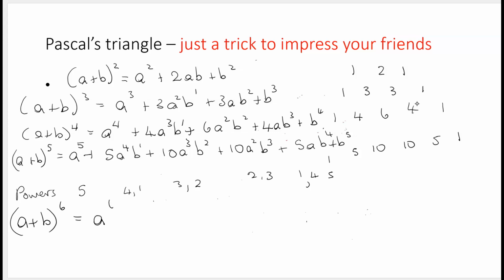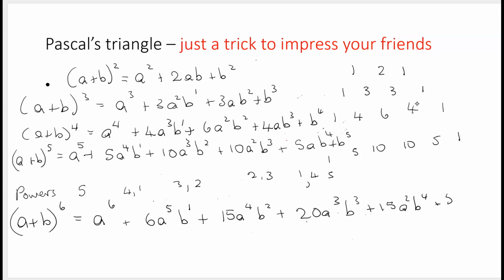It would be a to the power of 6, then 6a to the power of 5, b to the power of 1, plus 15a to the power of 4, b to the power of 2, plus 20a to the power of 3, b to the power of 3, plus 15a squared b to the 4, plus 6a b to the 5, plus b to the power of 6.